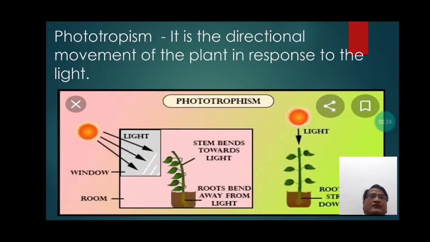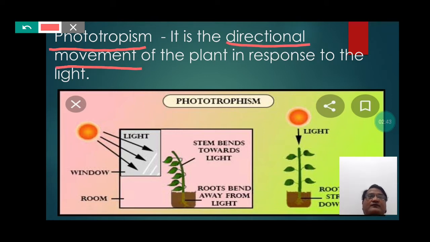Phototropism. It is the directional movement of the plant in response to the light. So students, phototropism is actually the directional movement, that is the movement of the plant towards a particular direction, in response to the light.